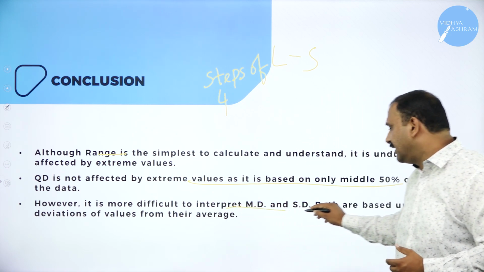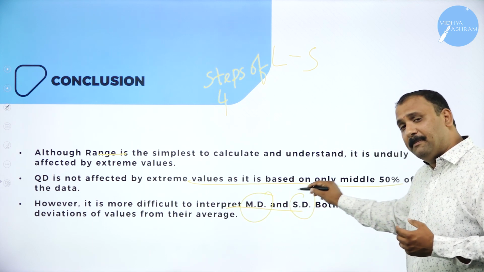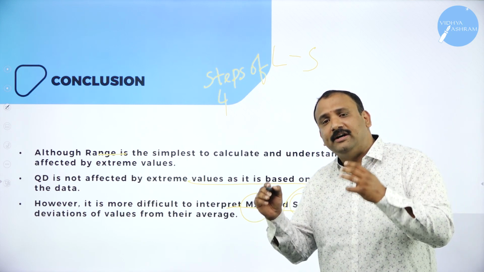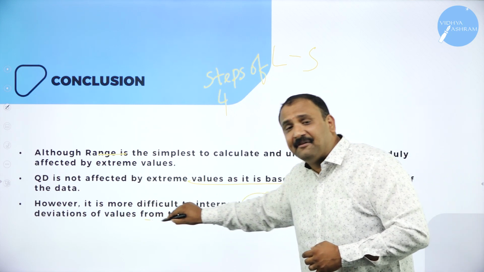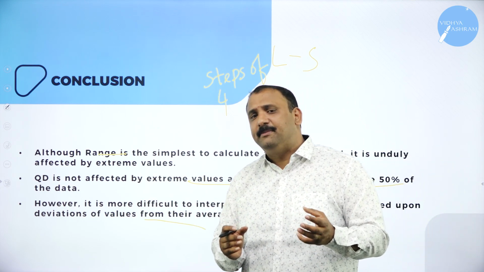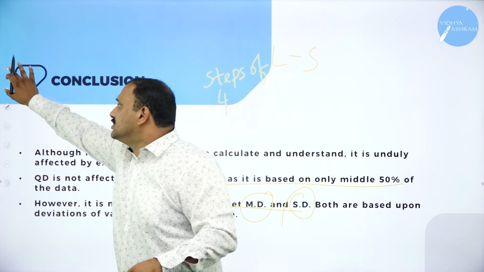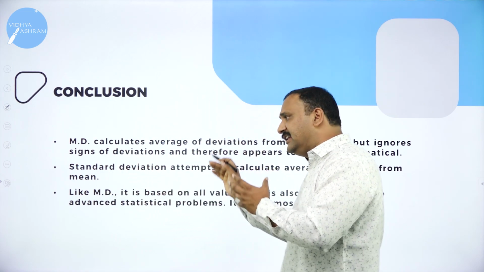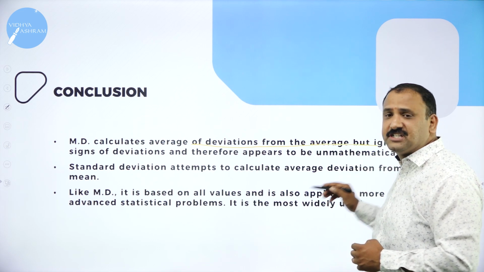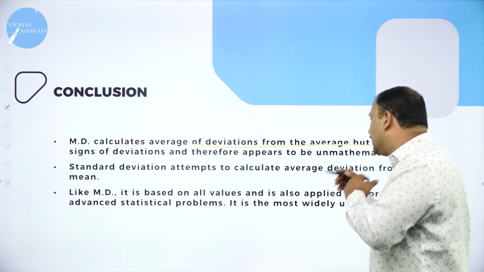Now, it is more difficult to understand the mean deviation and standard deviation, MD and SD. Both of them are based on deviations from their average, but mean deviation and standard deviation are not the same thing. Mean deviation is calculated as an average of deviations from the average, but standard deviation is from a different factor altogether.